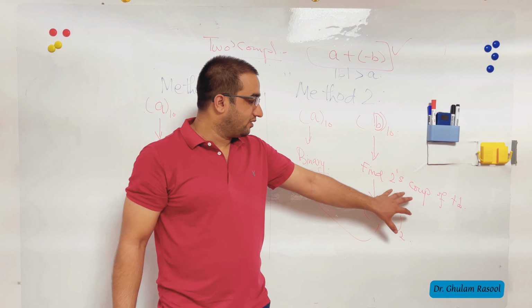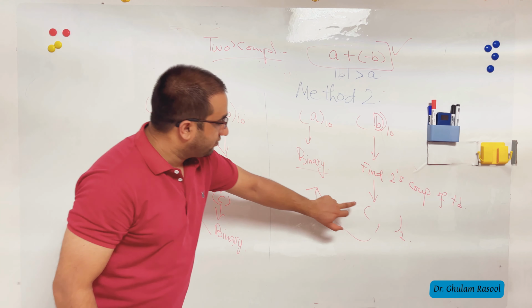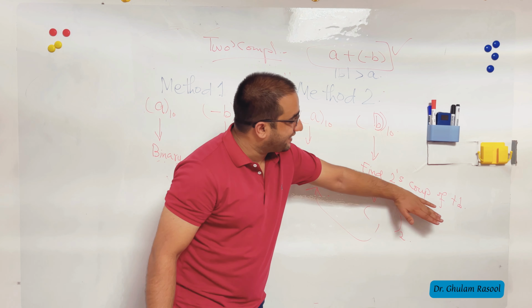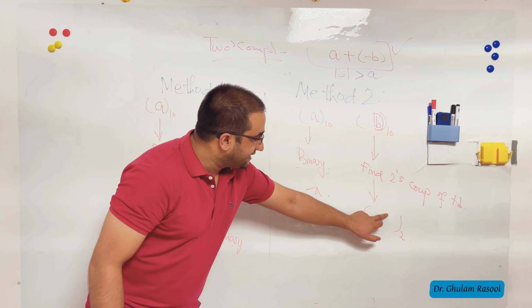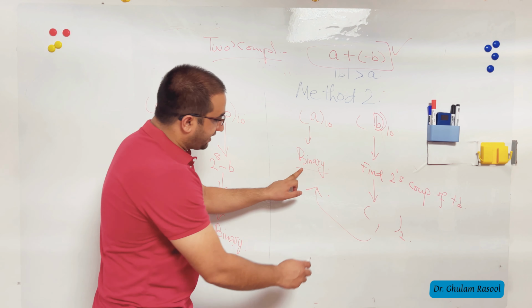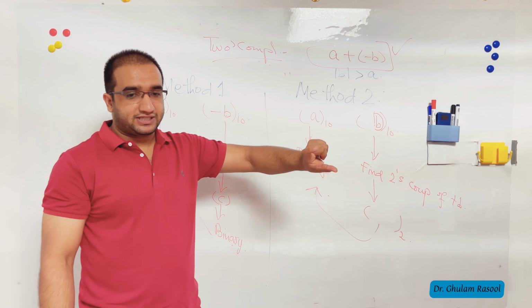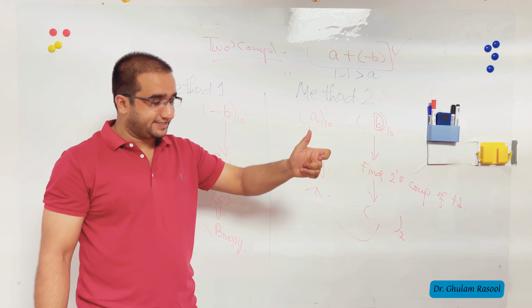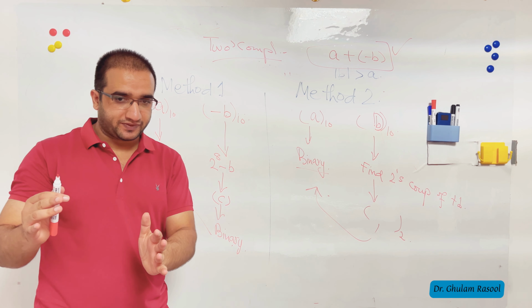Now you already know how to find 2's complement, but when you adopt the 2's complement method and find the binary number, add this binary number to the other binary number. But the things will not stop here, because you adopted the method of flipping the digits, and in flipping the digits you added 1.